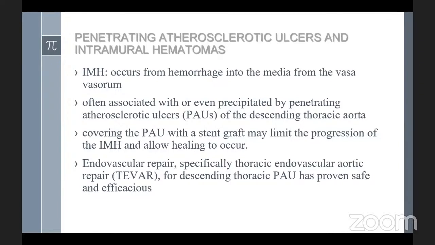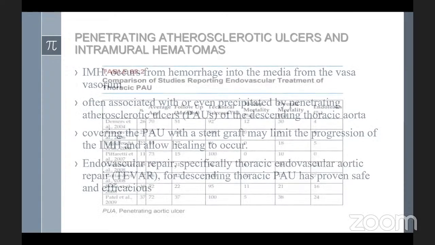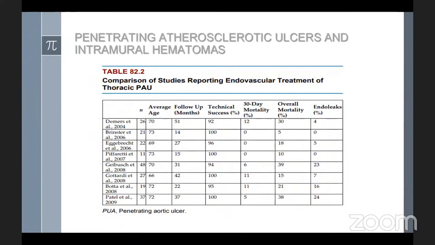Endovascular repair for intramural hematoma and ulcer in the descending thoracic aorta has proven safe and effective. These are studies reporting endovascular management in different years from 2004 to 2009.